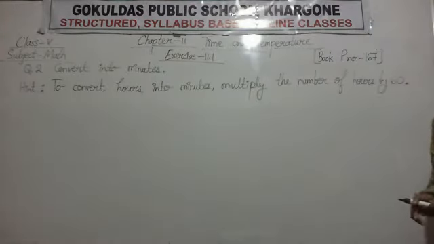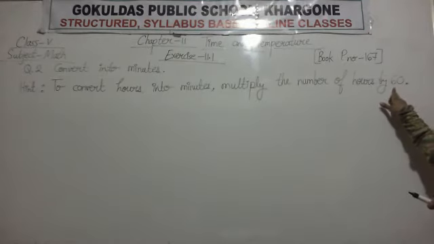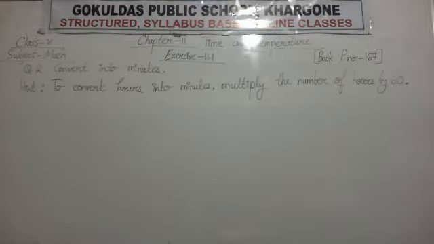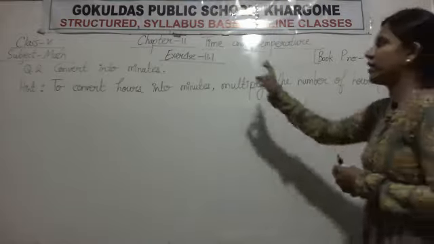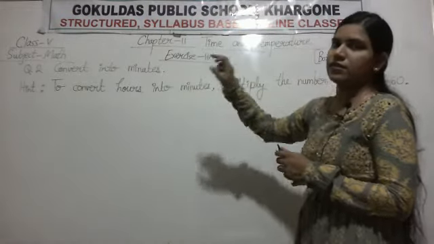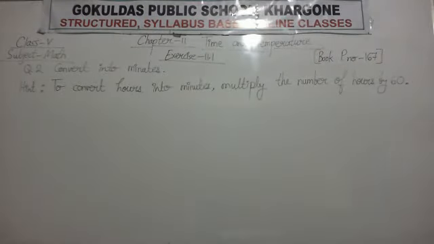By which number we will multiply? We will multiply by 60. Okay? To convert hours into minutes. In copy, what you will write? You will write the question, you will write the hint, then we will solve.